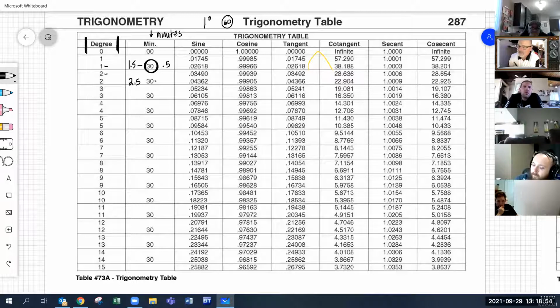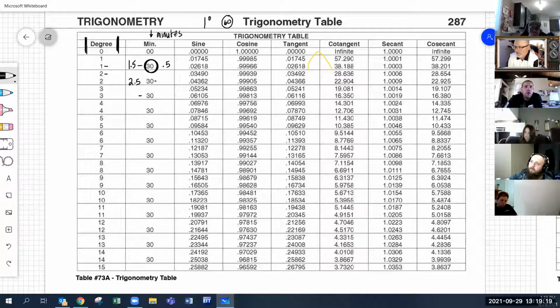Because in the pipe trades, we're not going to do anything other than a decimal of a half a degree. Okay, we're not going to have whatever. If we do it on our calculators, we will have a little more precise. But for in the field work, that's what the IPT book is for, field work, we're not going to go any more than a half of a degree.